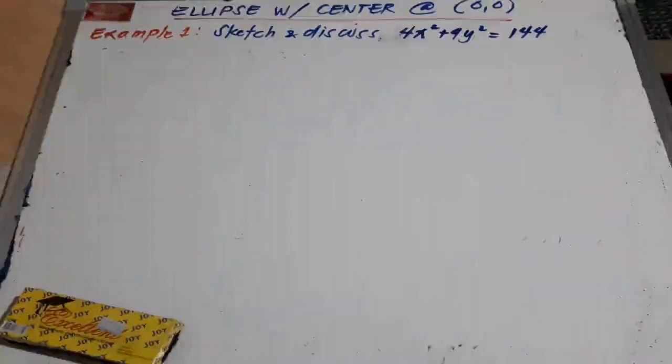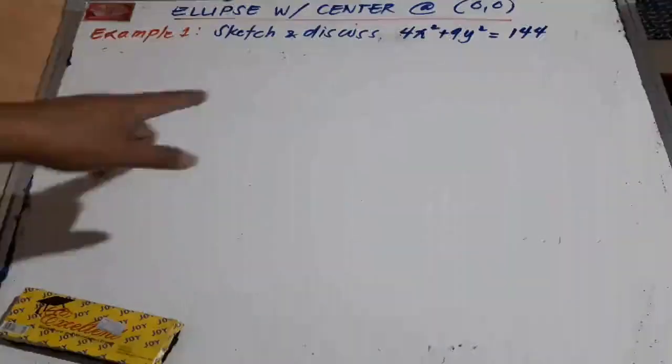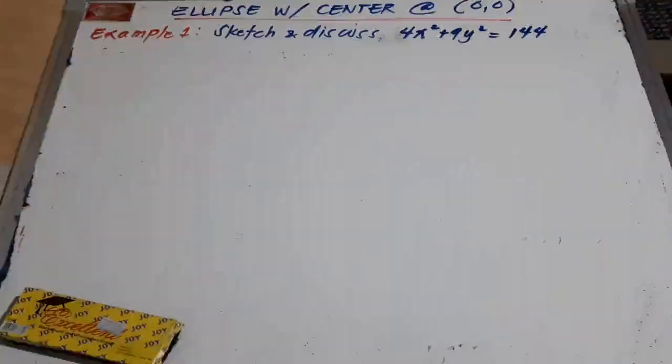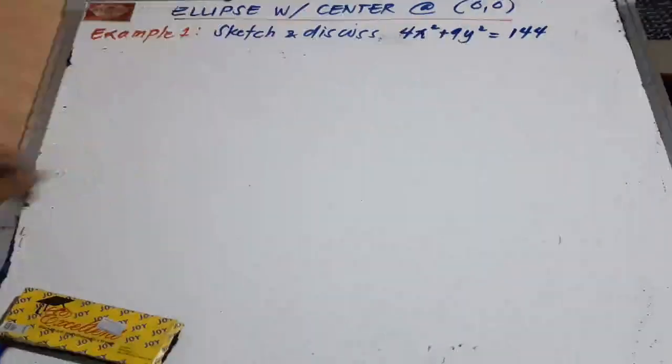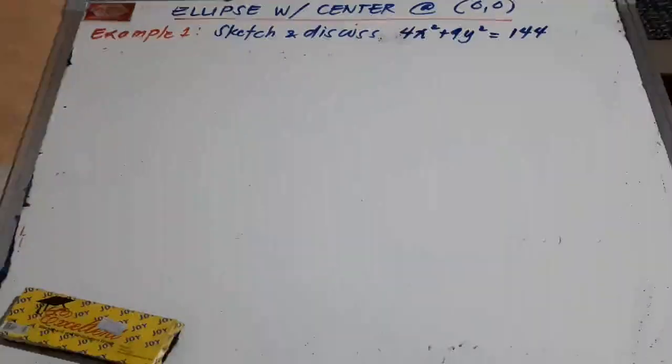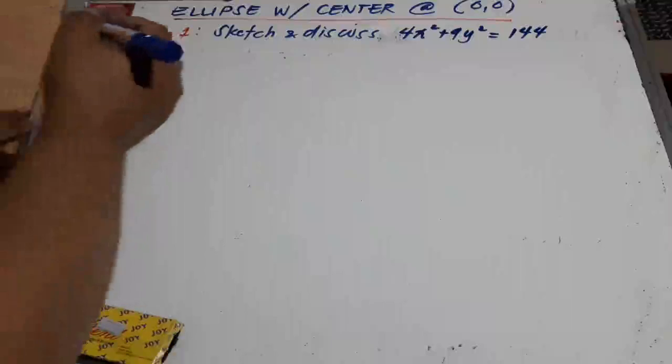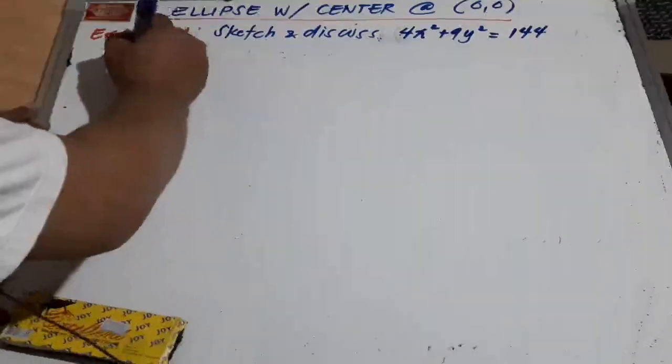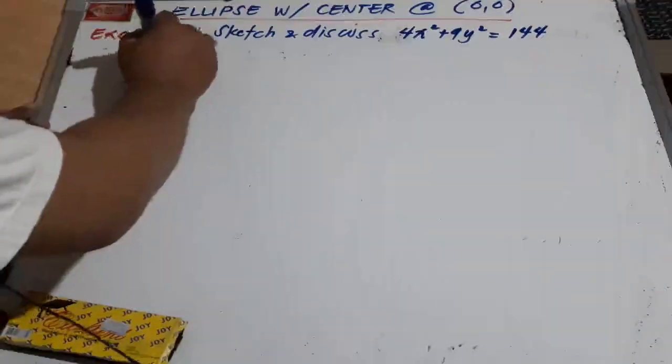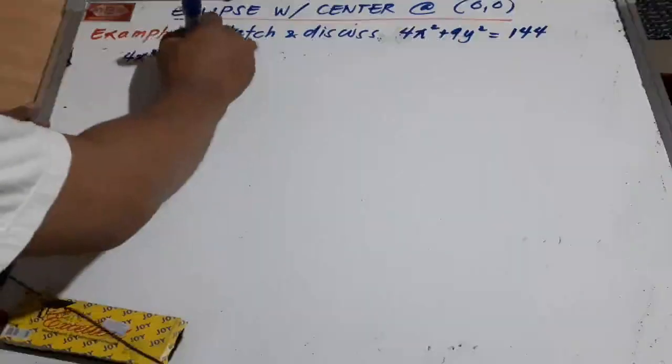Sketch and discuss 4x squared plus 9y squared equals 144. Before we can sketch the graph of this ellipse, the first thing that we're going to do is to convert the general equation to standard equation of an ellipse. So i-convert muna natin. So we have 4x squared plus 9y squared equals 144.